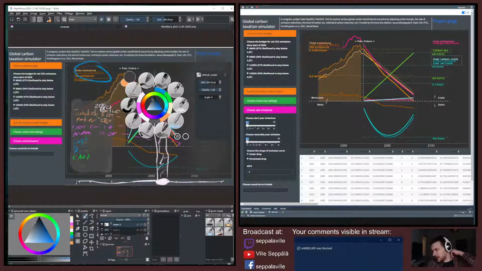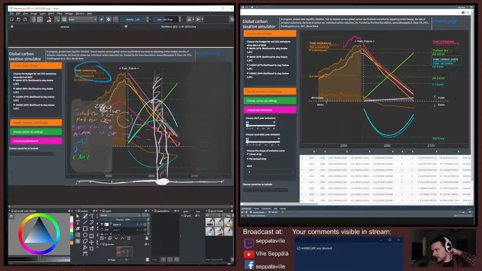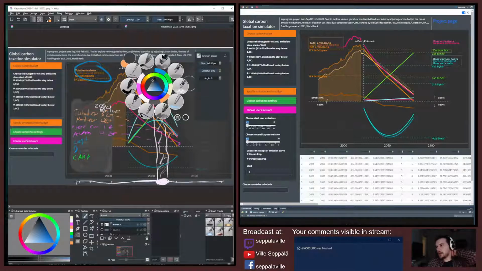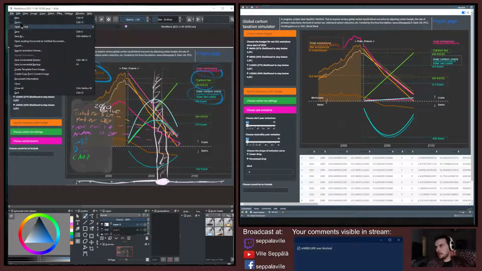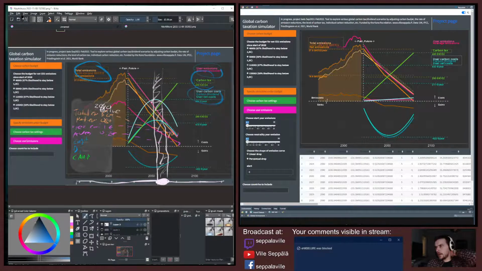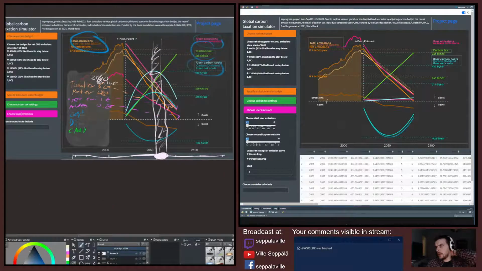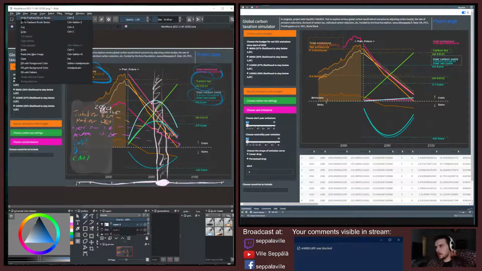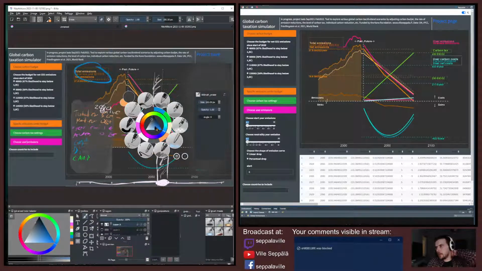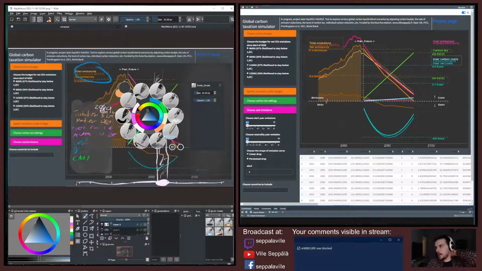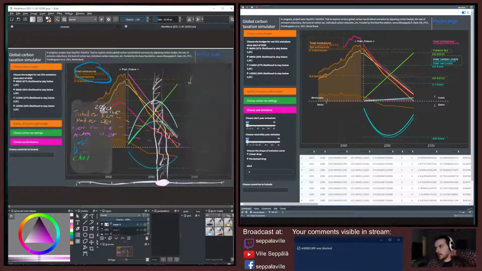It would bring more space here. Oh yeah, the scaling thing. We would have to scale here.